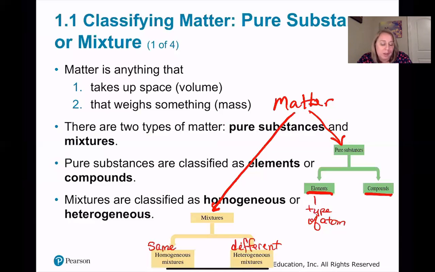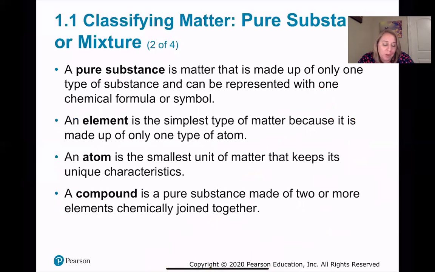Okay, so let's focus in on our pure substance. A pure substance is matter that is made up of only one type of substance and can be represented with one chemical formula or symbol. If it's only one symbol, it's an element. It's the simplest type of matter because you only have one type of atom.